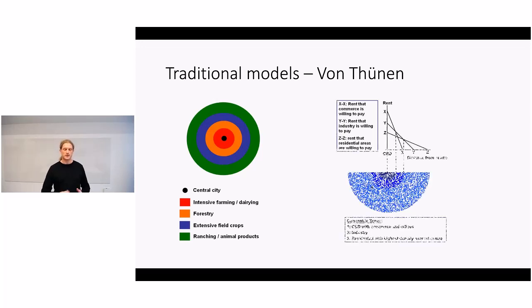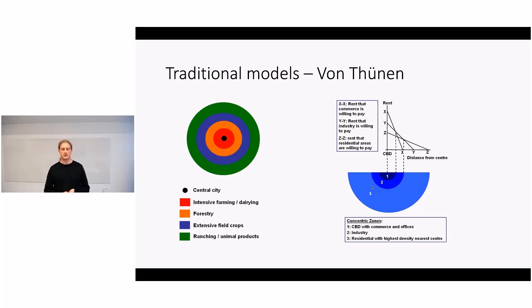And you can look at this in this way, that the commerce is willing to pay a lot in rent to be in the city center. The industry is not willing to pay so much, and the residential, the inhabitants are even less willing to pay for a central location.